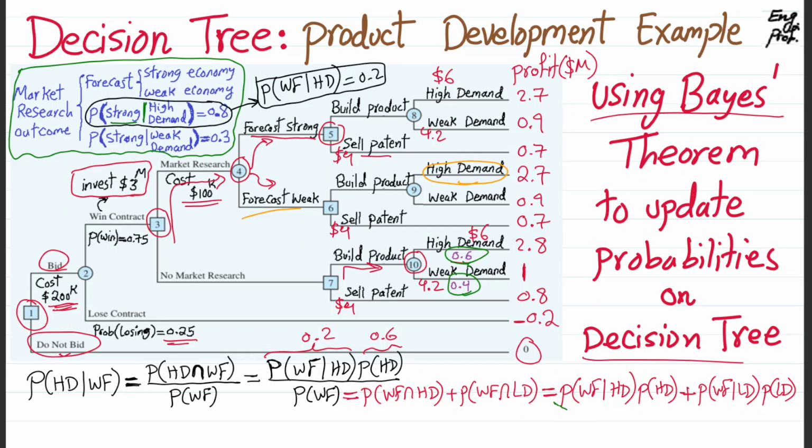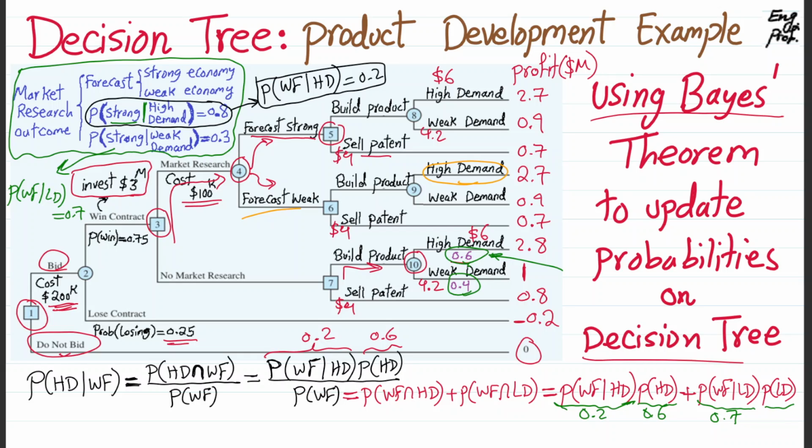Okay, so this first one here is what? Weak forecast given high demand is, as you saw above, 0.2. This one here is the unconditional that you see here, 0.6. And this one, weak forecast given low demand: again, the same thing. You have the strong forecast given low demand, which is 0.3. So the probability of weak forecast given low demand would be 1 minus 0.3, which is 0.7.